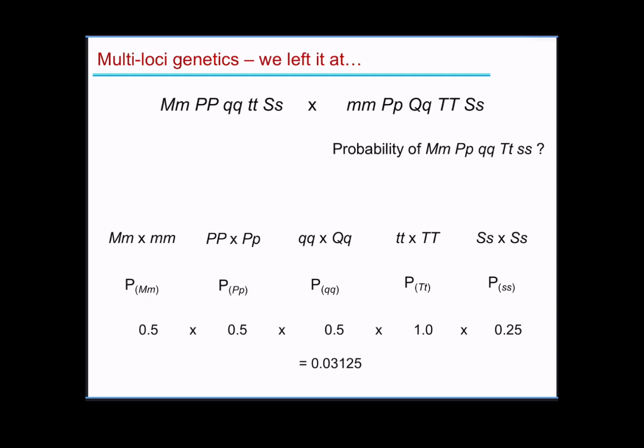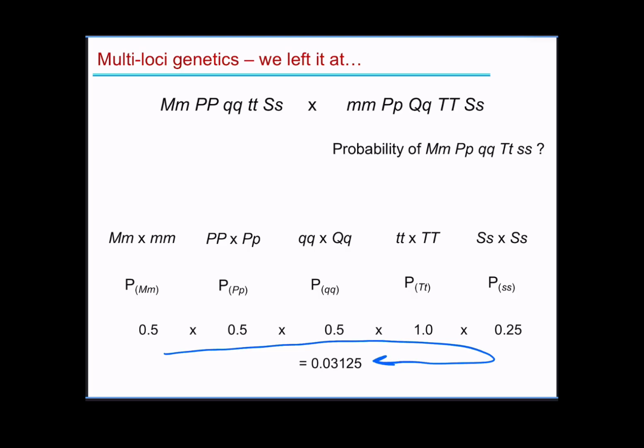So if the cross involved 5 loci, we'll split it up into 5 individual crosses, each dealing with one of these loci at a time, right? That way we can simply calculate the probability of each of the genotypes for each locus and then multiply across to obtain the combined probability of the desired genotypes, or allelic combinations. That's where we left it the other day.